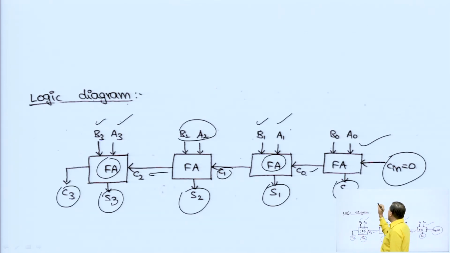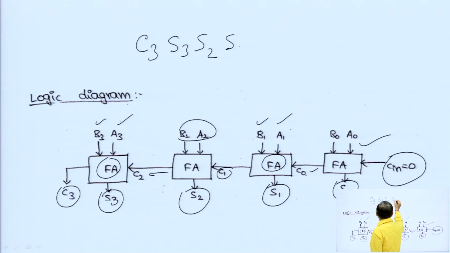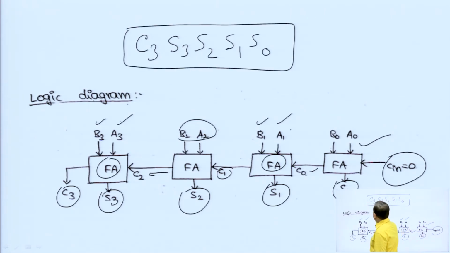So, the final output will be C3 S3 S2 S1 S naught. This is the final result of parallel adding. Is it clear to you? So, this logic diagram is made of full adders because full adder is used to add 3 bits.